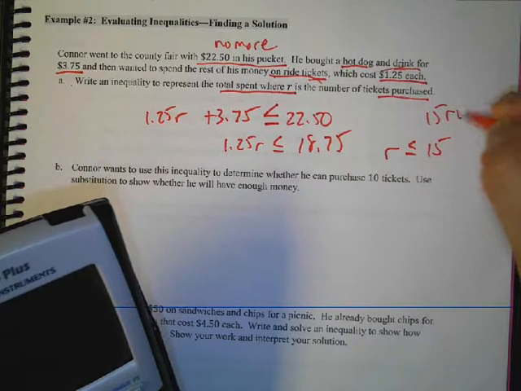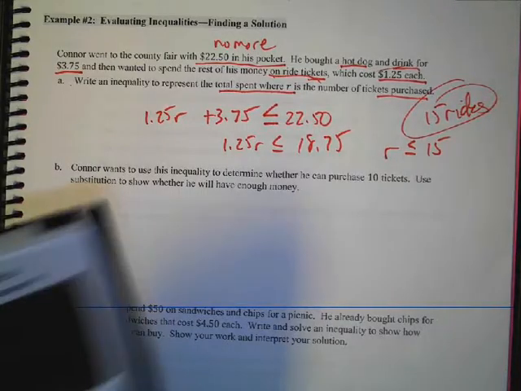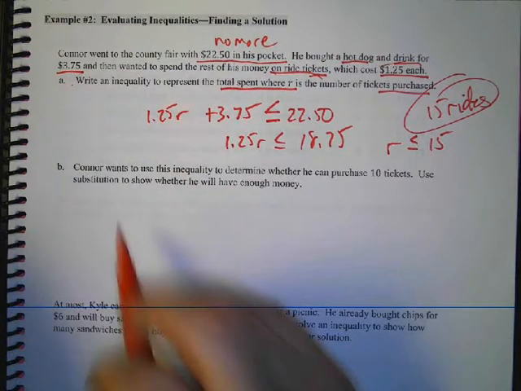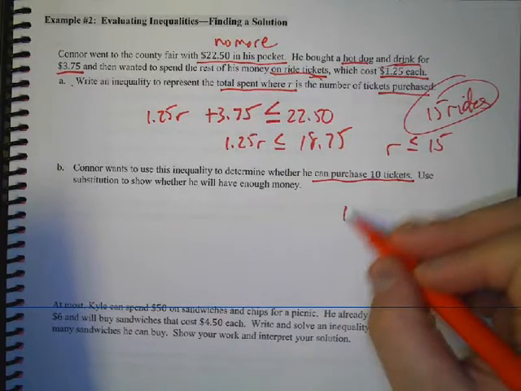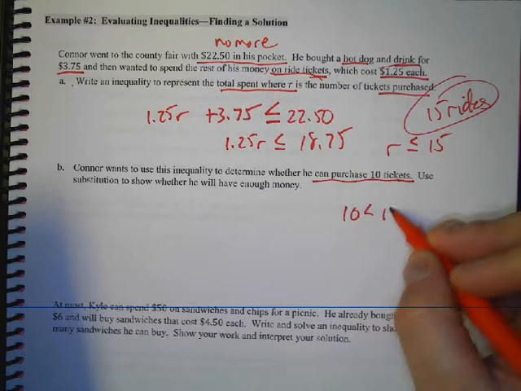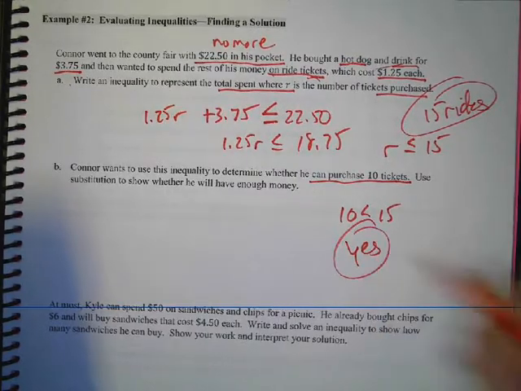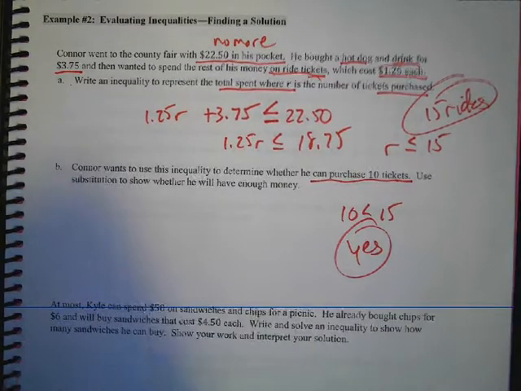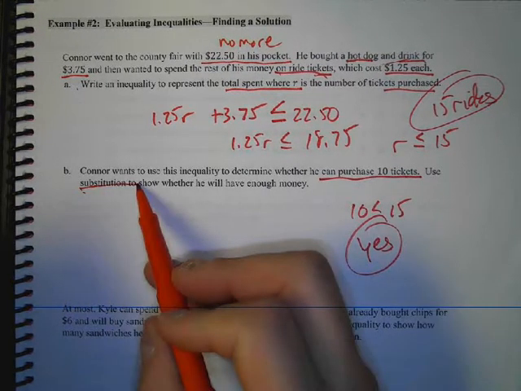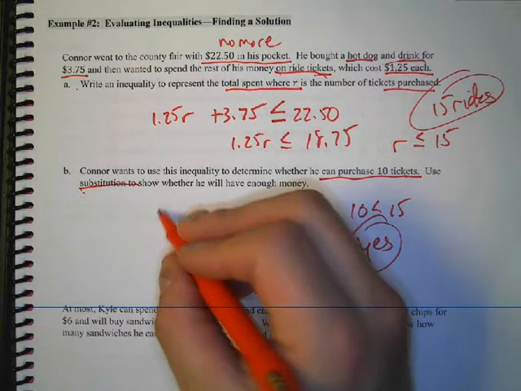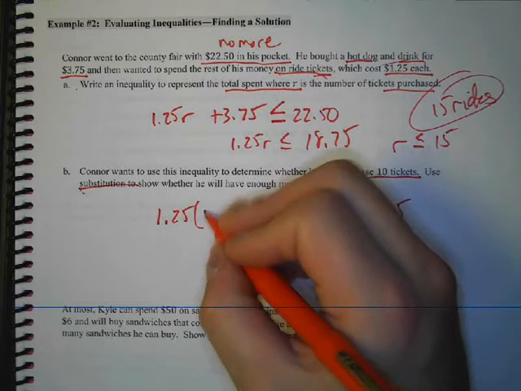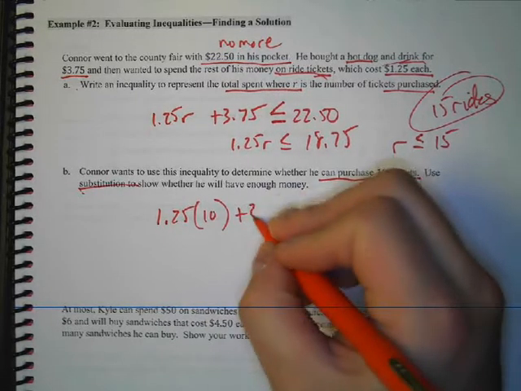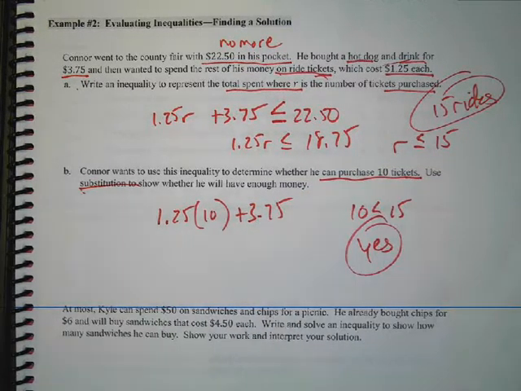So, all right, now Connor wants to use this inequality to determine whether he can purchase 10 tickets. Well, 10 is less than 15, so yes, he can purchase 10 tickets. It said use the substitution to show whether or not he will have enough money. Well, that was doing where you take $1.25 per ride times 10 rides, and then you add the $3.75 to show that it's under the $22.50, or at most the $22.50.